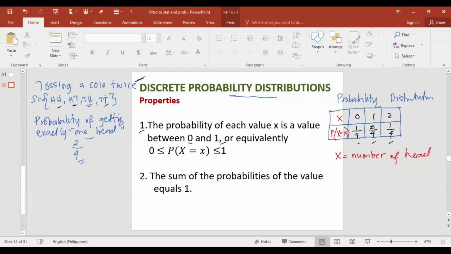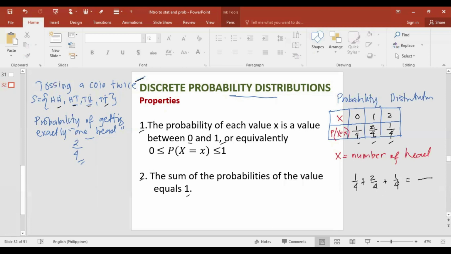How about the second property? The sum of the probabilities of the values must be equal to 1. So if you're going to add all of these, the sum must be equal to 1. Otherwise, there's something wrong with your work. Let's check. 1/4 plus 2/4 plus 1/4.